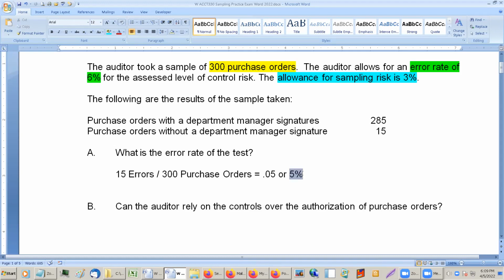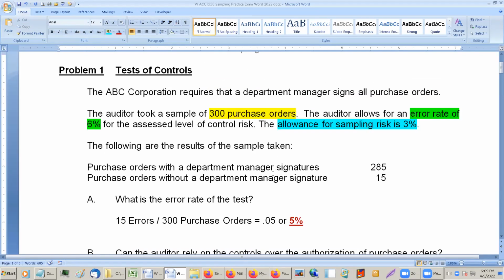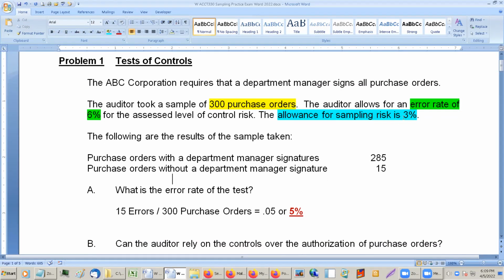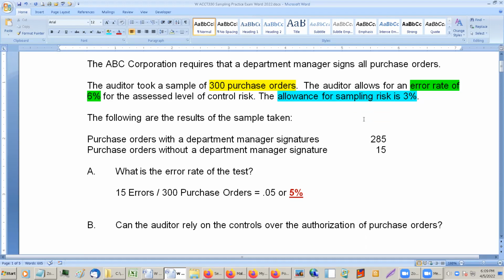Okay, so the error rate. So this is our best estimate of what the true error rate is. Now, we also have this allowance for sampling risk, though.